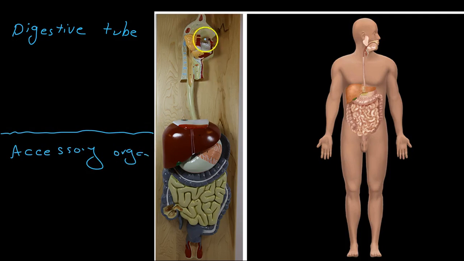The digestive tube starts from the oral cavity and ends at the anus here. So you should be able to label all the organs of the digestive tube, starting from the oral cavity and ending at the anus. Let's try.